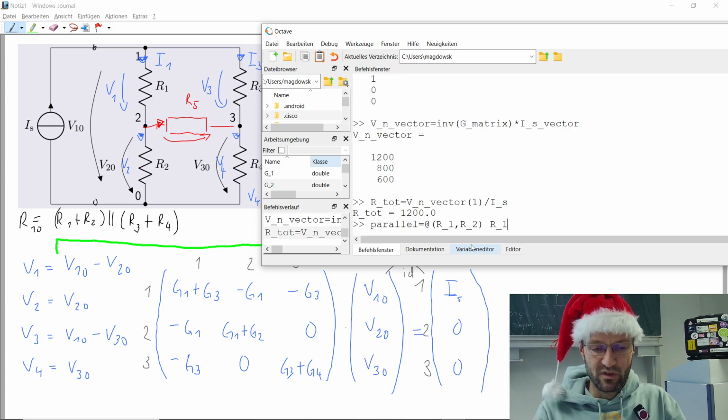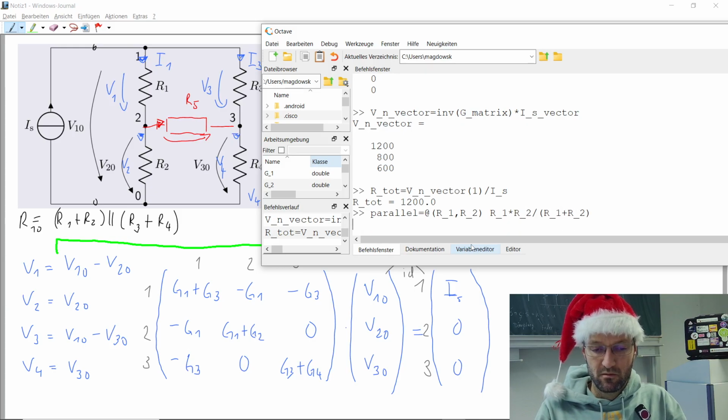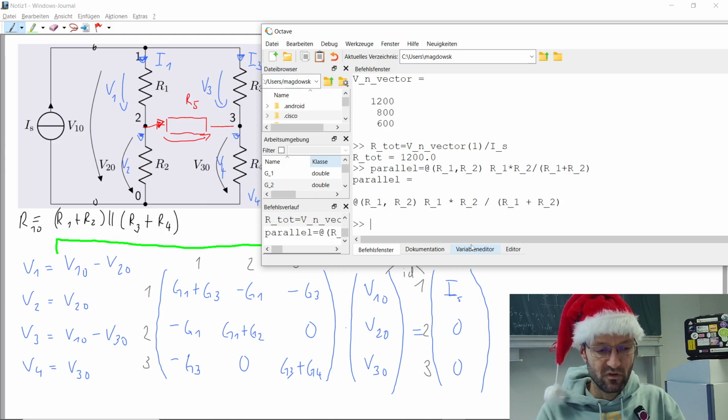Yeah, the product of the two divided by the sum. And so now we can also calculate the total resistance, and it should be R1 plus, no, it should be the parallel circuit of R1 plus R2, and the other branch R3 plus R4.